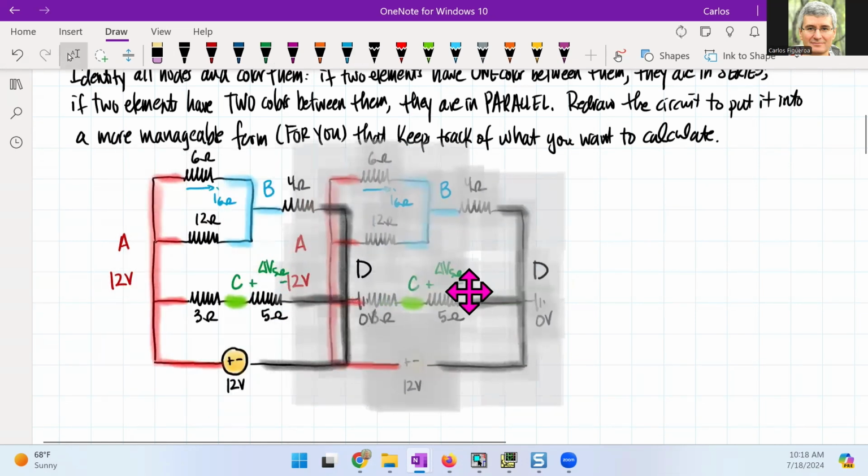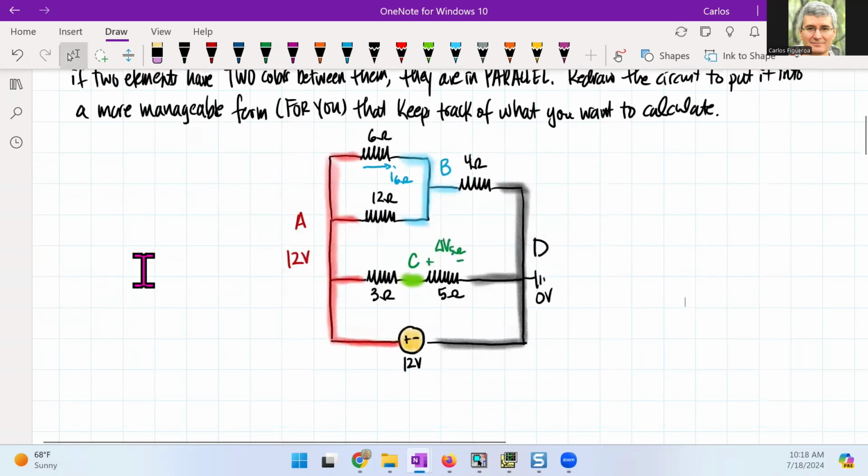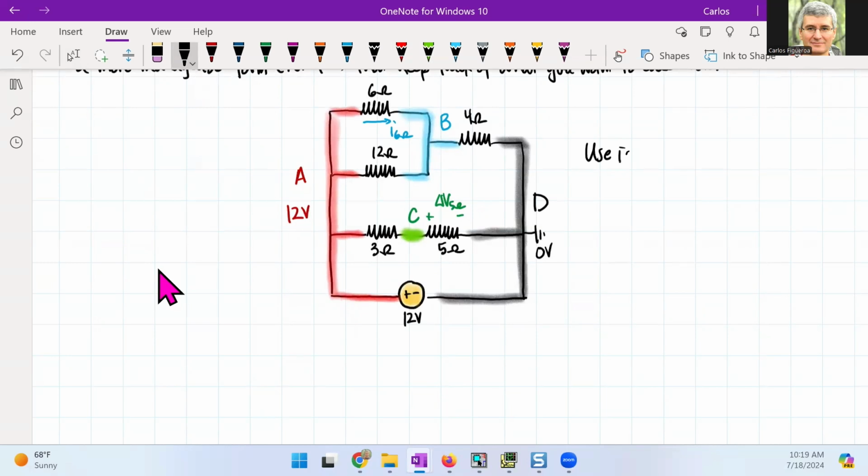Now I want to show you one small trick before we get started. This is a useful identity. If I have a resistor, let's call this R12, these two resistors are in parallel.